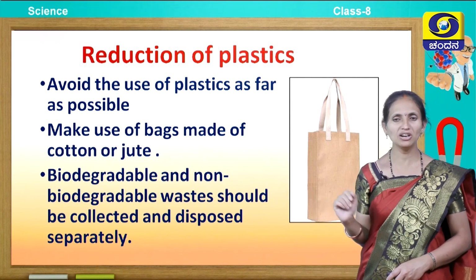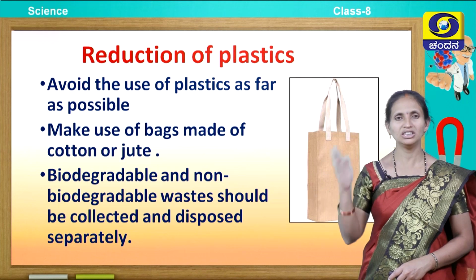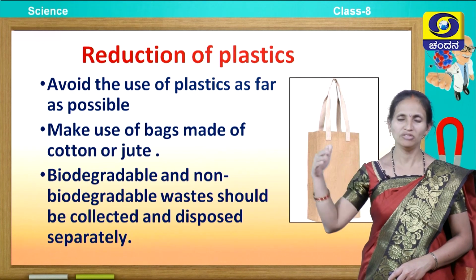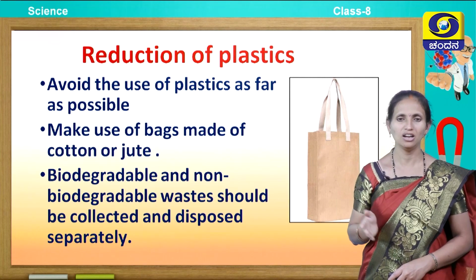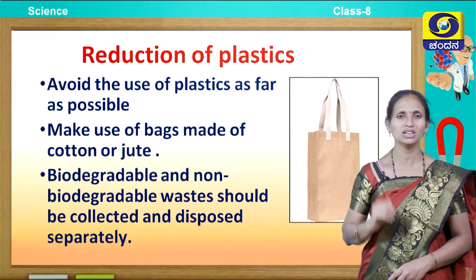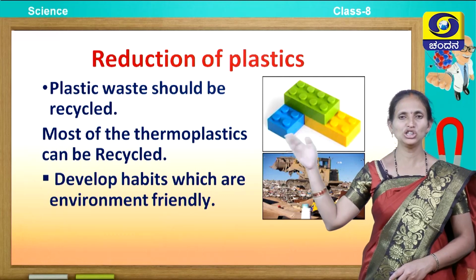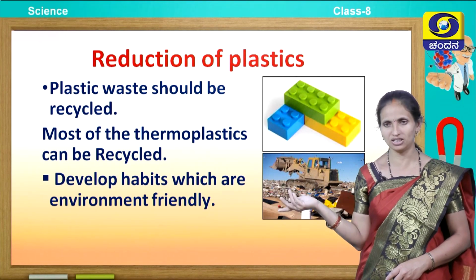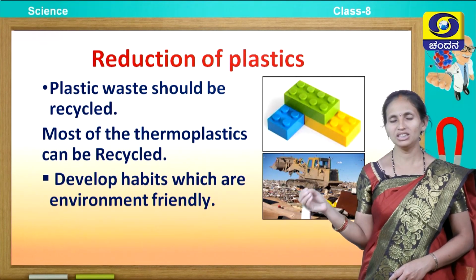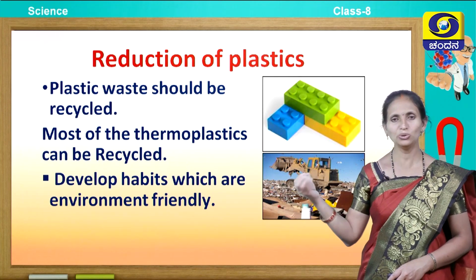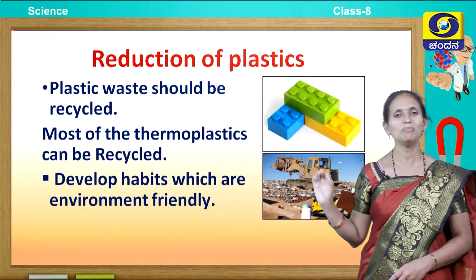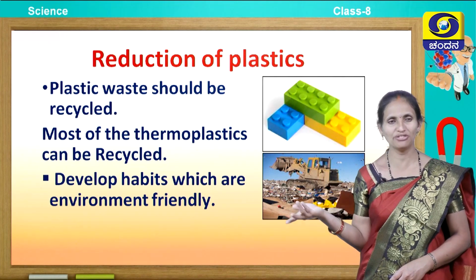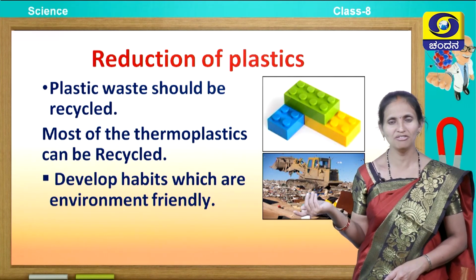Biodegradable and non-biodegradable waste released in your home or in the society should be segregated, collected and disposed of separately. Plastic waste should be recycled. Most thermoplastics can be recycled. So, use plastic which can be recycled and develop habits which are eco-friendly or environmentally friendly.